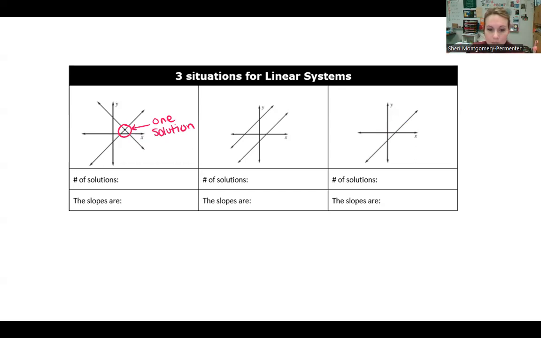So the number of solutions, there is 1. For these, it's important to know that the slopes are different. Another thing that's different is the y-intercept. Slopes are different, y-intercepts are different, they are different lines.